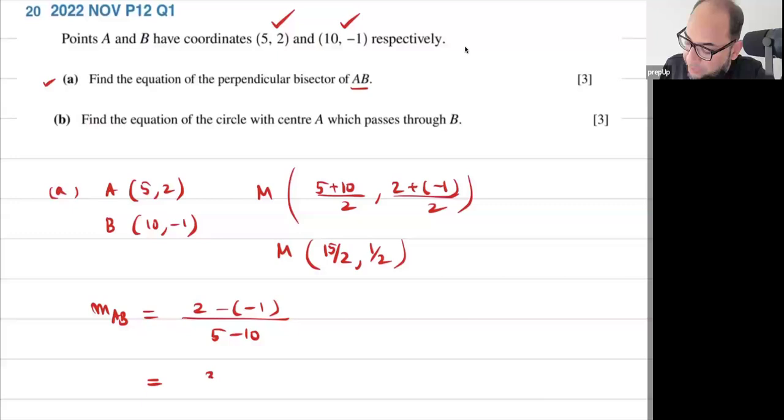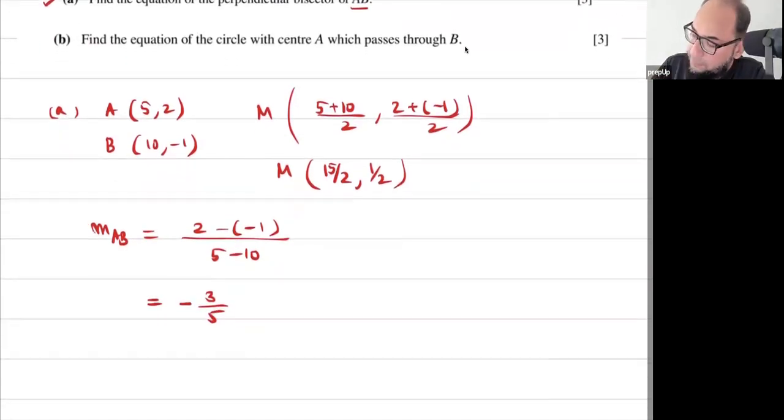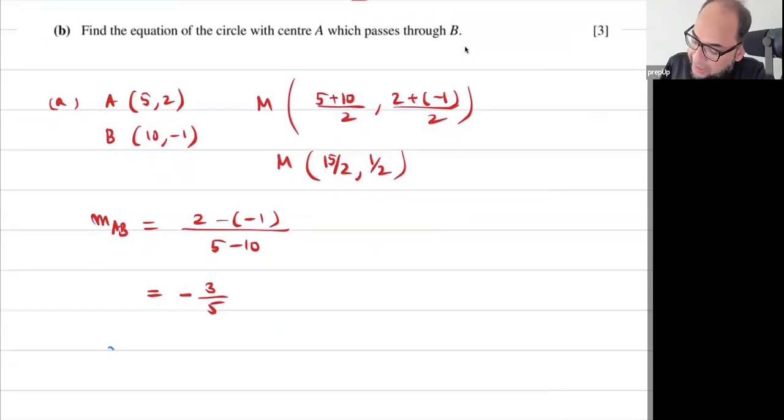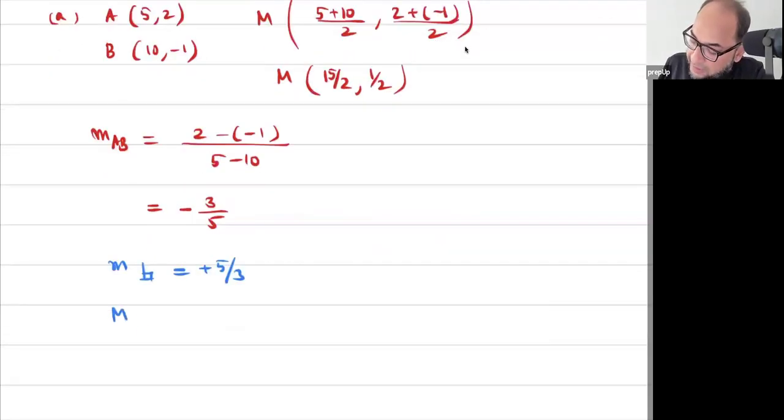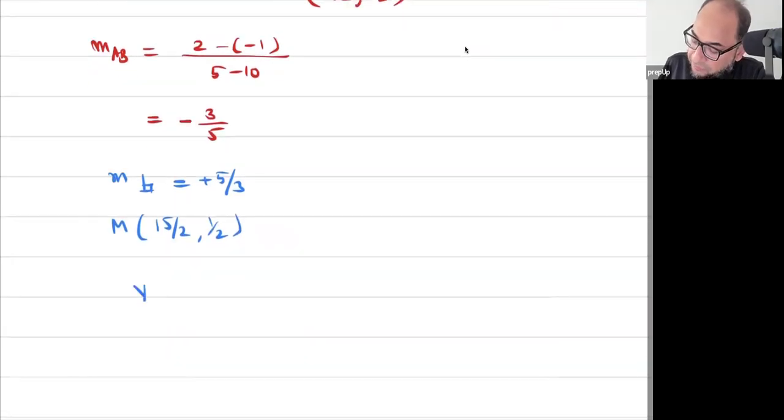That is 3, that is 5 with a negative sign. Therefore, gradient of perpendicular should be positive 5 over 3. Point M is 15 over 2 comma half. Equation: y minus half is equal to 5 over 3 times x minus 15 over 2.